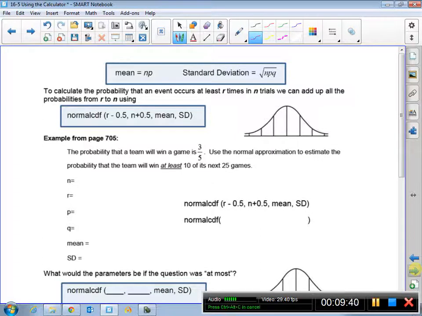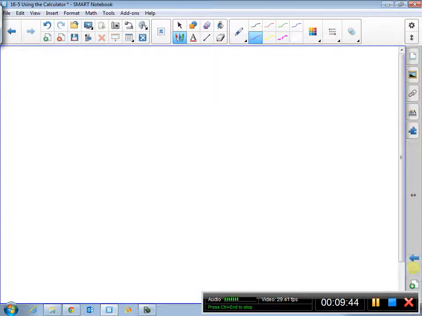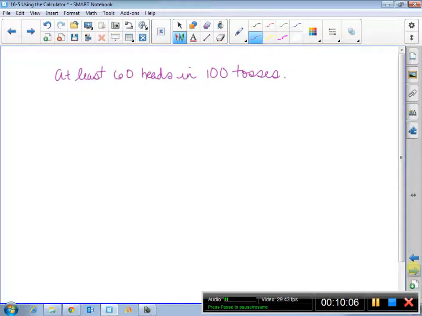On your examples, it says the normal curve would be useful if you have to find the probability of getting at least 60 heads in 100 tosses. So I want you to look at that one. It's on the third page of this lesson. So we'll go right to how you can use this.